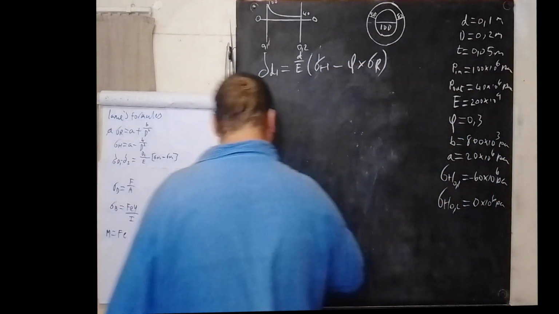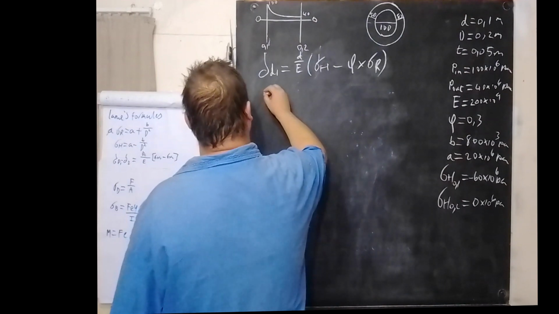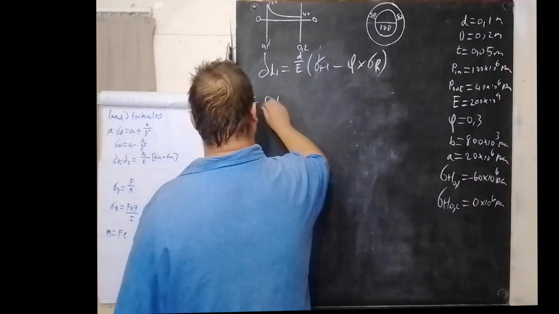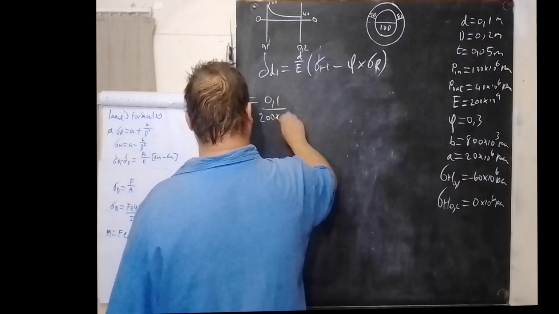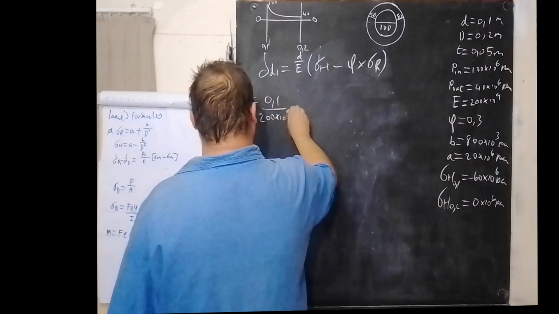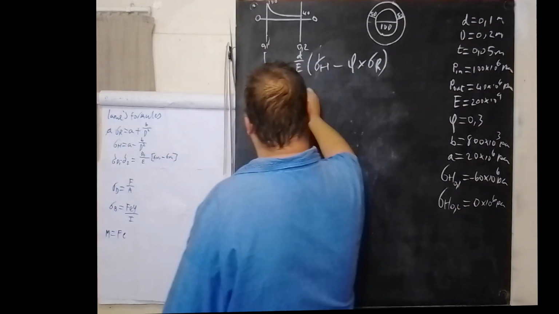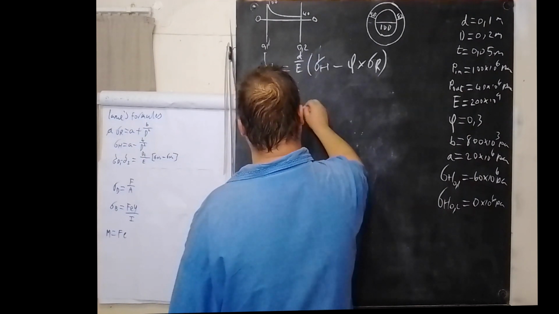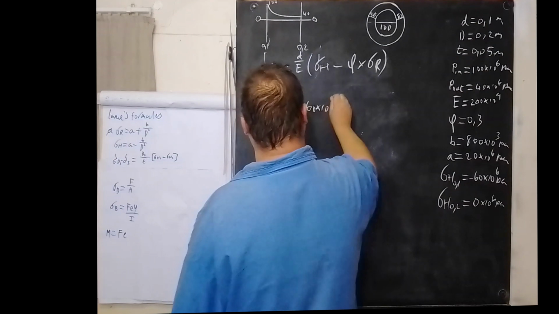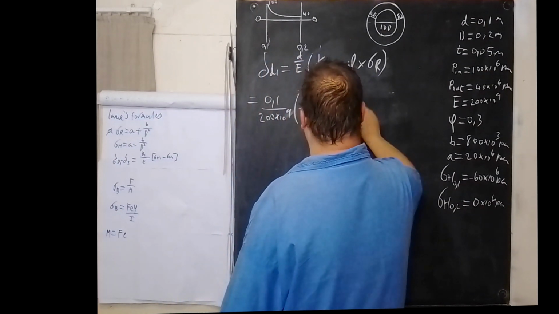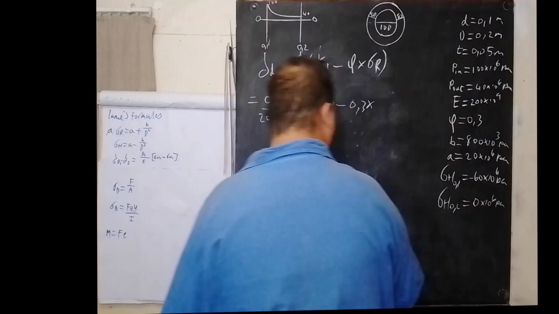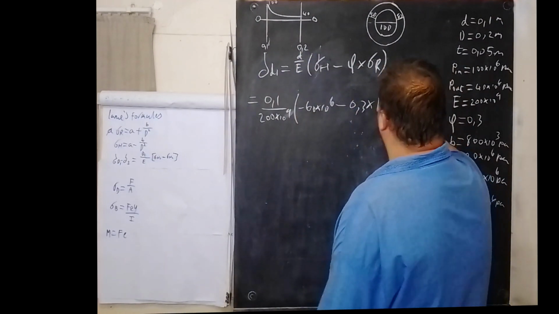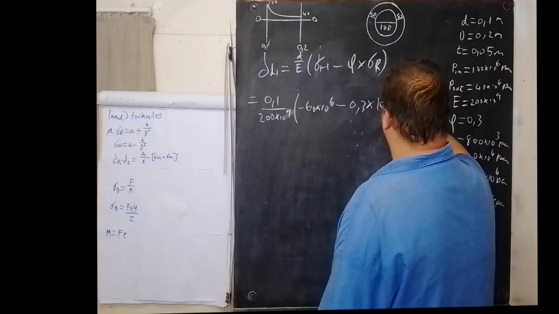Okay, let's get to it. We're going to do number 1 first. That equals 0,1 over 200 times 10 to the 9, multiplied by number 1, which is a negative 60 times 10 to the 6 minus 0,3 times the radial stress, which is 100 times 10 to the 6.